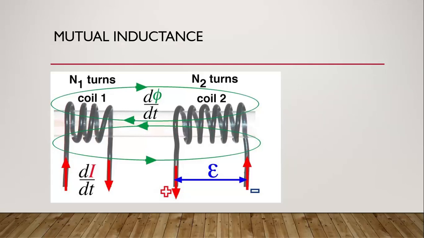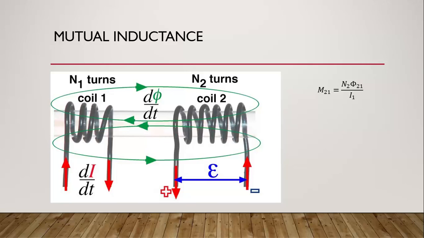So let's look at how this works. We can define a term that we call mutual inductance, and basically what mutual inductance does is it's a way of defining the inductance of this system based upon how coil 2 interacts with changes in coil 1. And so if we look at this, we'd have the number of turns of coil 2 times the flux through 2 caused by the magnetic field of 1, divided by the current in 1.